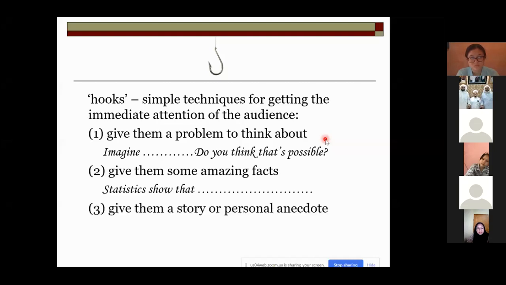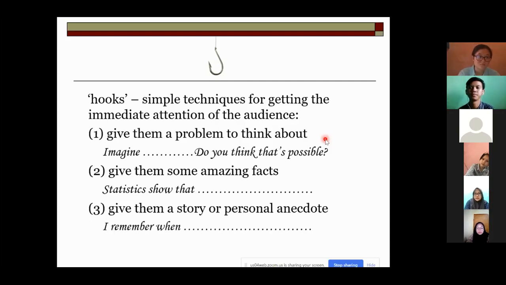Okay, and then the third one, by giving them a story or personal anecdote. Telling a story or personal anecdote to your audience during a presentation is okay. It means that you want to include your audience in a story, perhaps a life story or your personal experience.